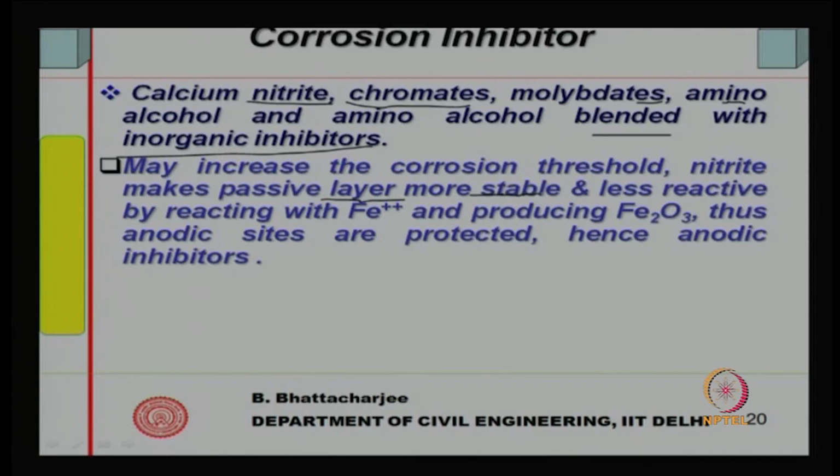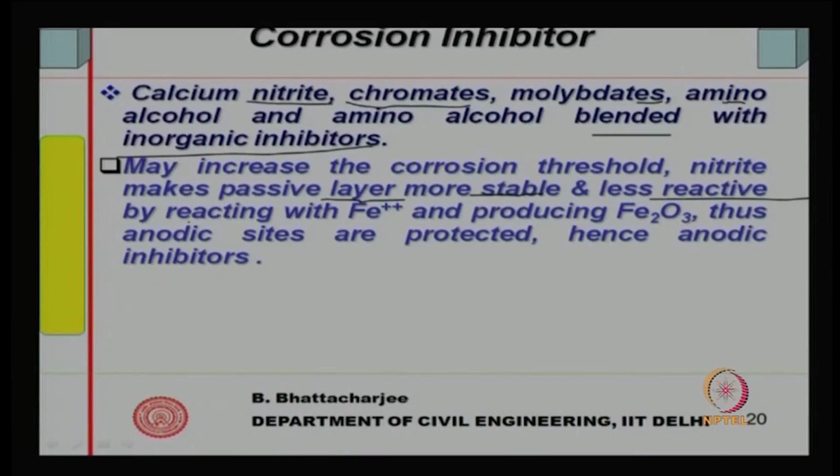So, a dense oxide film at the surface of the steel bar is sometimes desirable. Generally they increase the corrosion threshold by making that passive layer stable. So, the oxide layer that is formed over the rebar becomes stable.